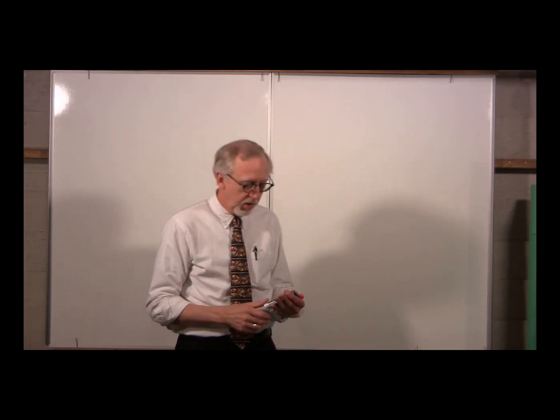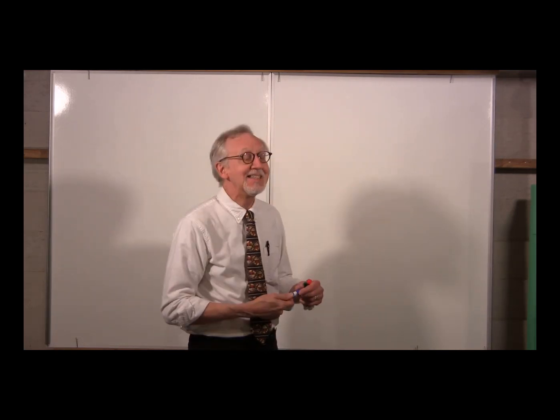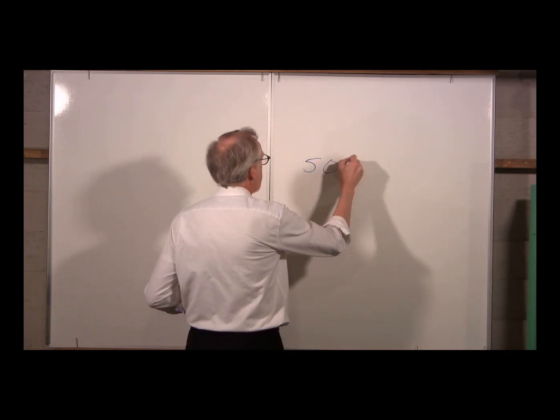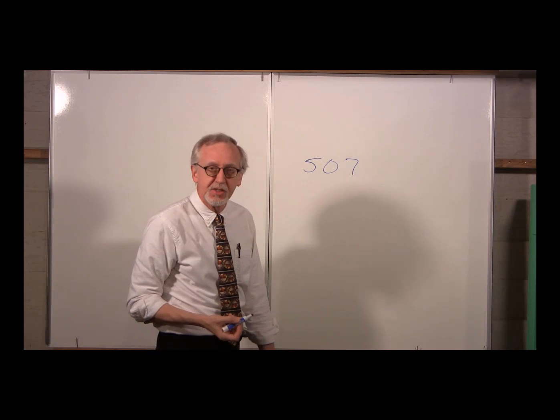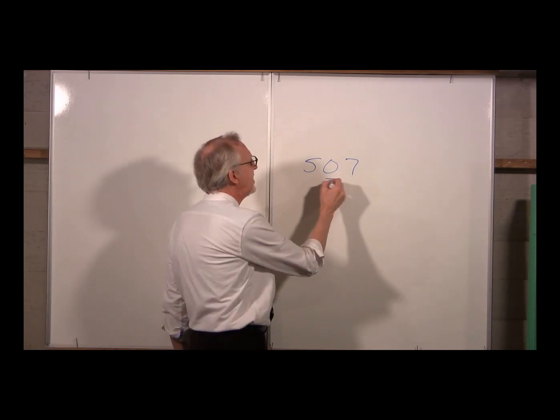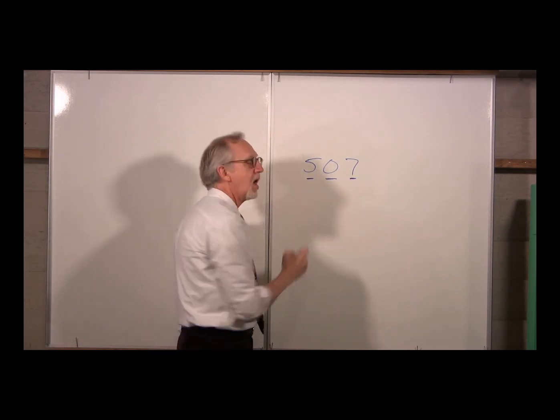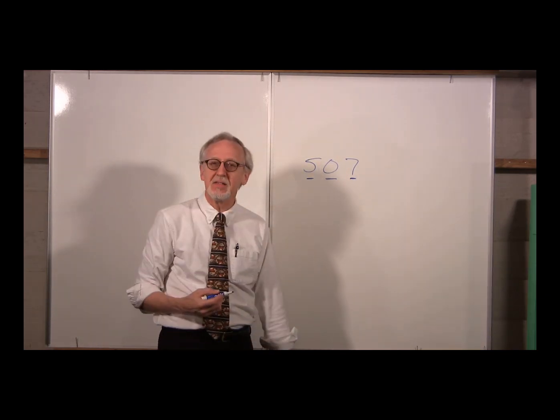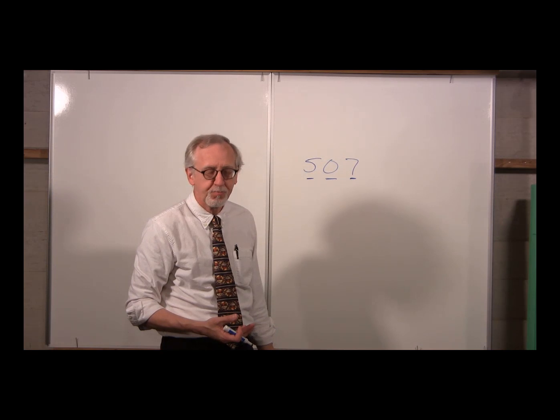The first rule we'll call sandwiched zeros. A sandwiched zero means a zero that is in between non-zero digits. For example, 507. We'll refer to that zero as a sandwiched zero.